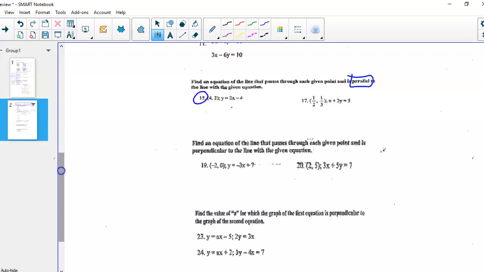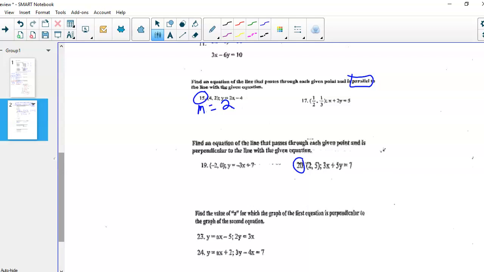So for 15, they gave us some equation. We need to find what our new slope and our new line would be. If they're parallel lines, what would our slope be? Just 2. Our slope has to be the same thing.